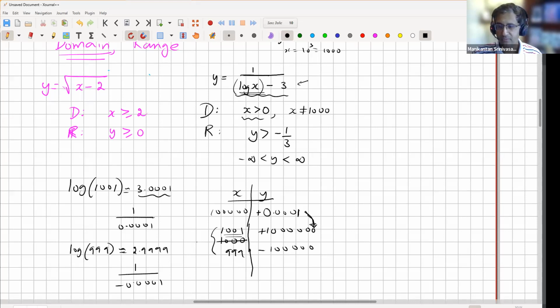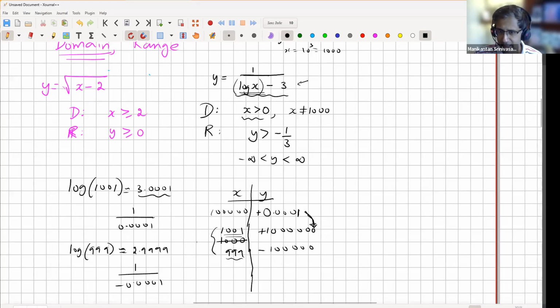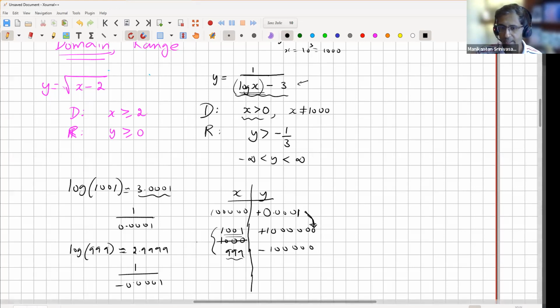And you have the entire range from 0.001 all the way to plus infinity going here, as x varies from infinity to 1001. As long as we operate to the right of 1000, the denominator varies from infinity to almost 0, so you have all the values from 0 to infinity. Now we have crossed the boundary to 999, where the denominator is a very small negative quantity, so the fraction is a huge negative quantity.